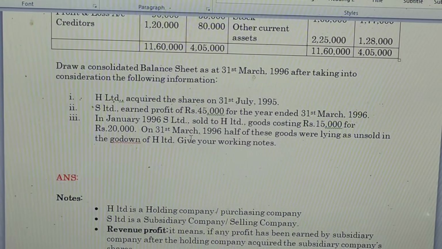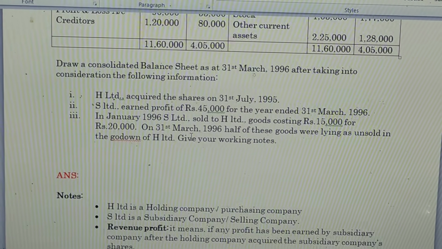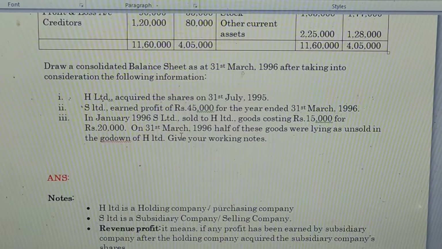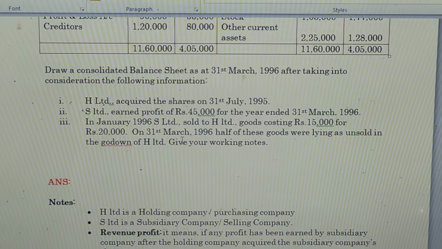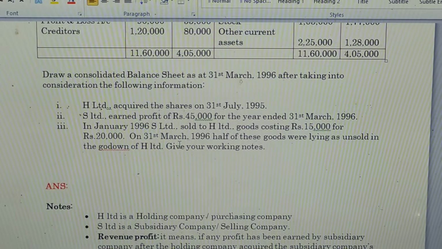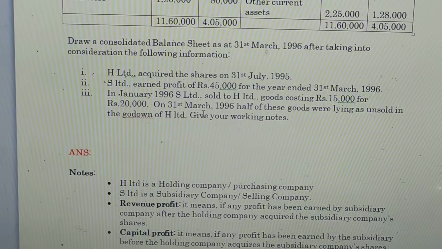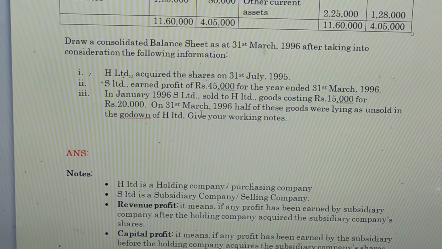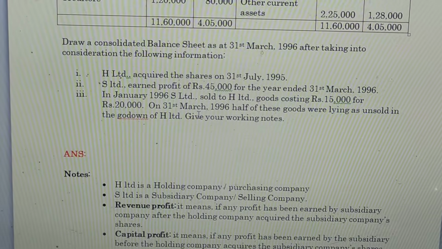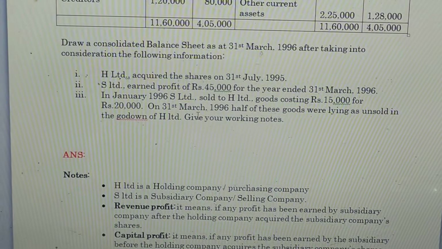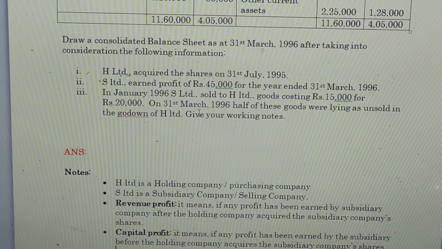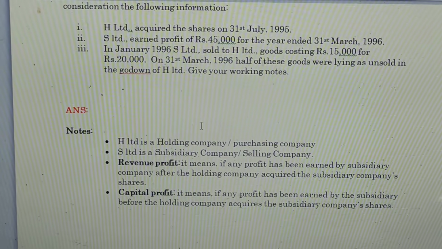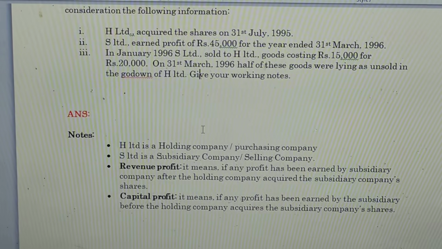And the third one, in January 1996, S Limited sold to H Limited goods costing rupees 15,000 for rupees 20,000. On 31st March 1996, half of these goods were lying unsold in the godown of H Limited. Give your working notes. Based on this information, we are going to prepare the consolidated balance sheet.